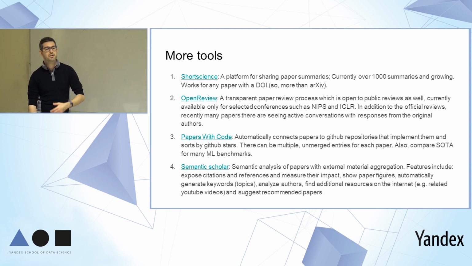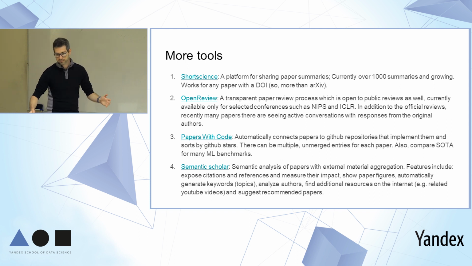It's basically Google Scholar with a lot of bells and whistles. They have a lot of NLP analysis of papers, and they suggest similar papers and stuff like that. Maybe the biggest database today.